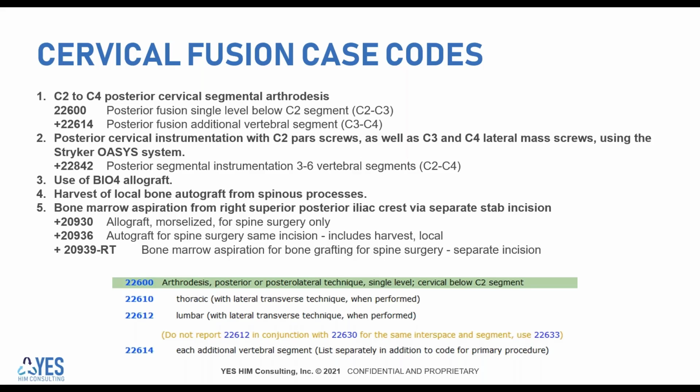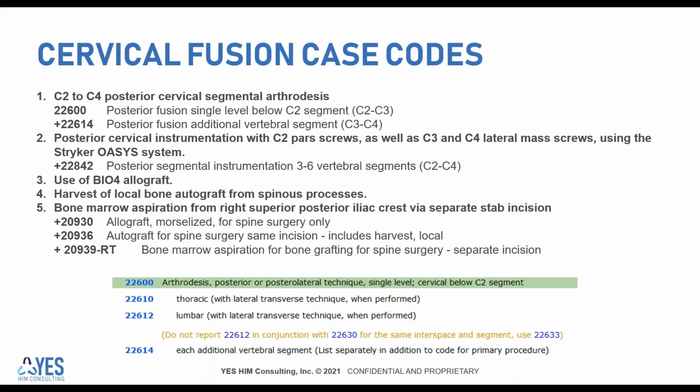So here, it took me to the code 22600. And that is the posterior fusion of a single level below C2 segment C2 to C3.